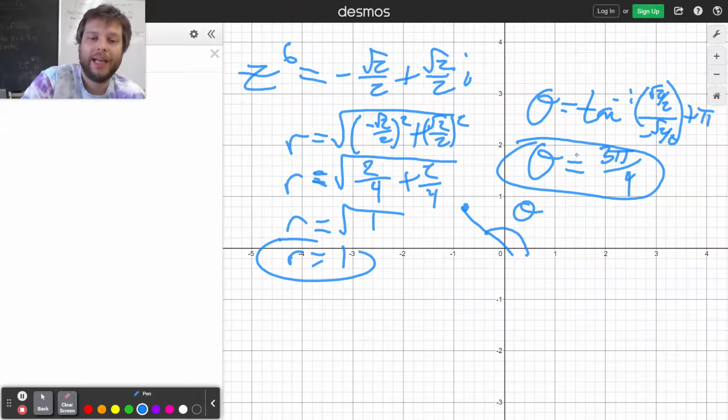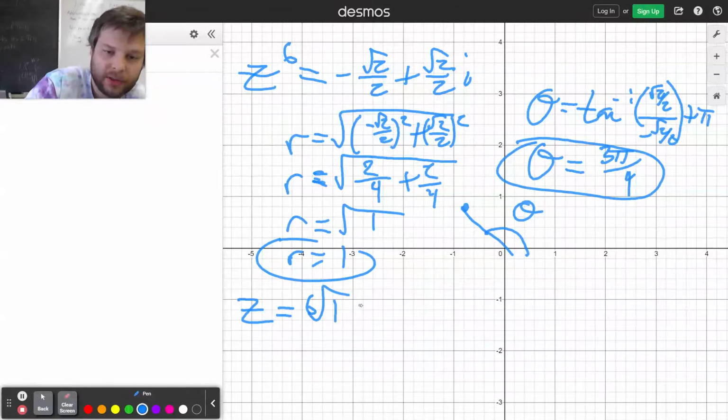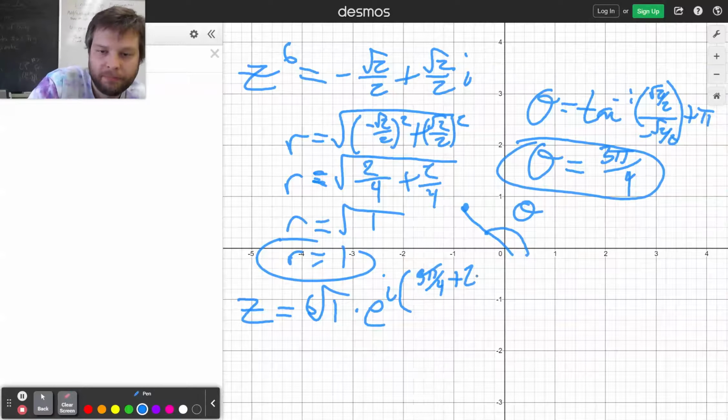And so then I know that all of my 6 z values would be of this form right here. They would be the 6th root of 1, which is still just 1, times e to the i times my original theta, 3 pi over 4, plus 2 pi k, all divided by 6.